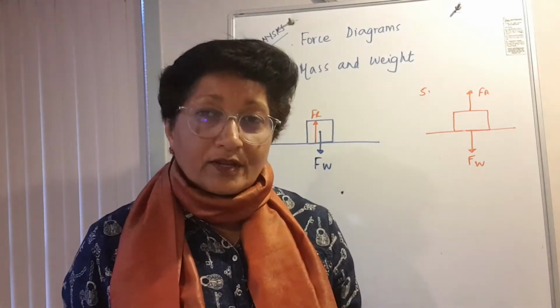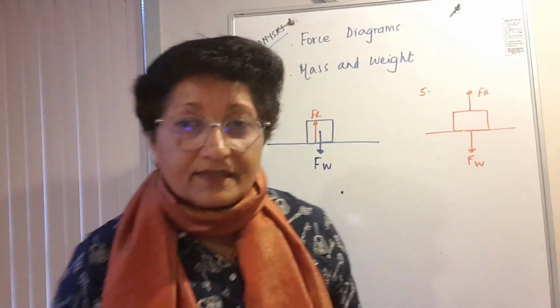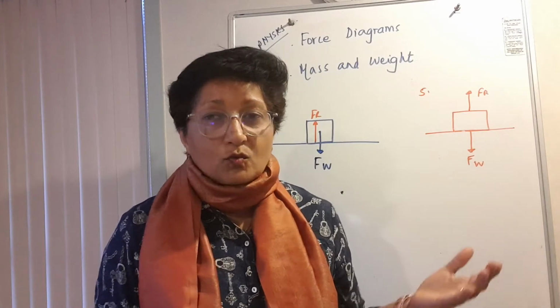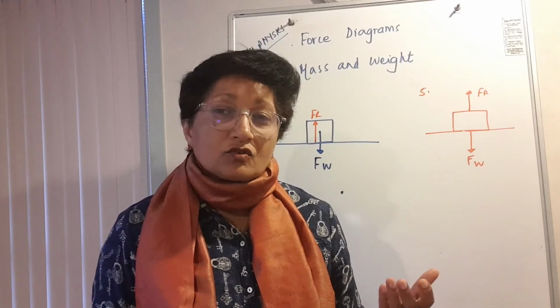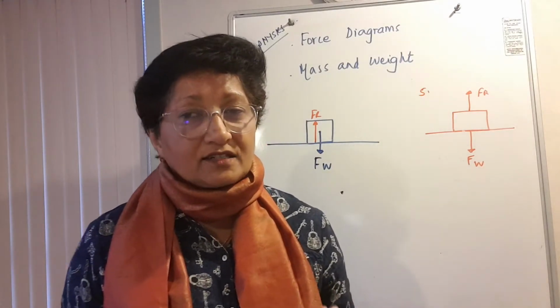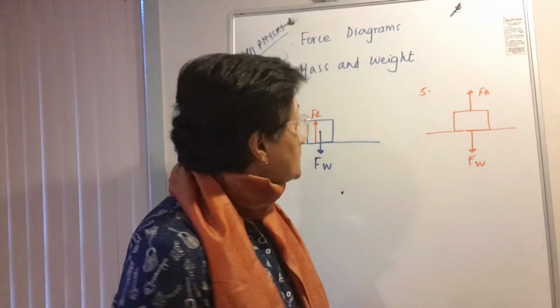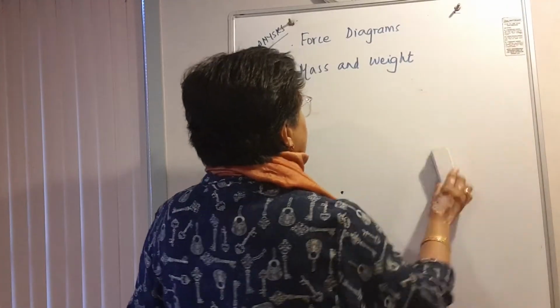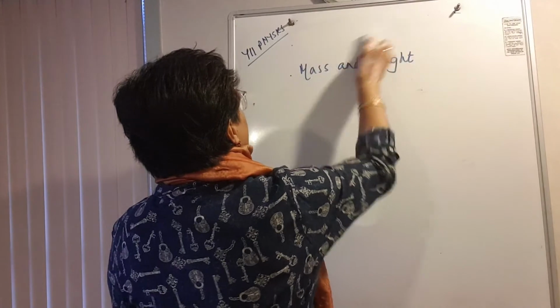And then when you finish that, the other thing that we are going to learn about in today's lesson is about mass and weight. What is the difference? So colloquially, you ask for somebody's weight and they tell it to you in kilograms, but that's not quite right. So I'll just rub the board over here. So we're going to look at mass and weight. So we've looked at force diagrams.